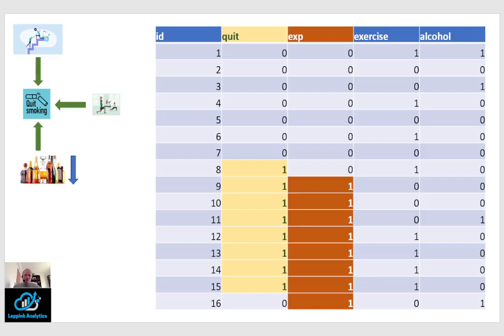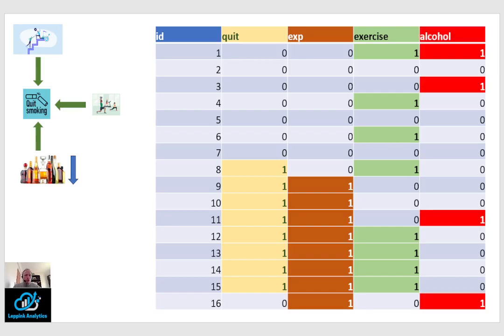Next, the cases marked green are the ones who have a habit of exercising, and just over half of them quit smoking. And finally, of the 4 relatively heavy drinkers, only 1 stopped smoking.